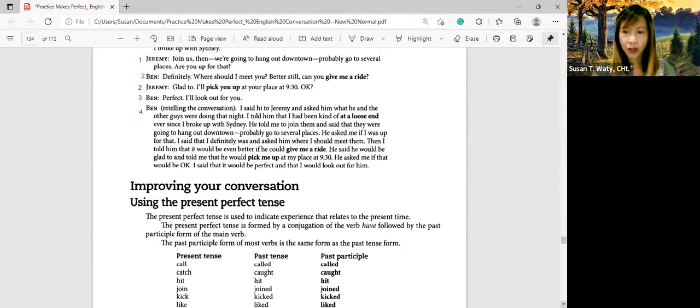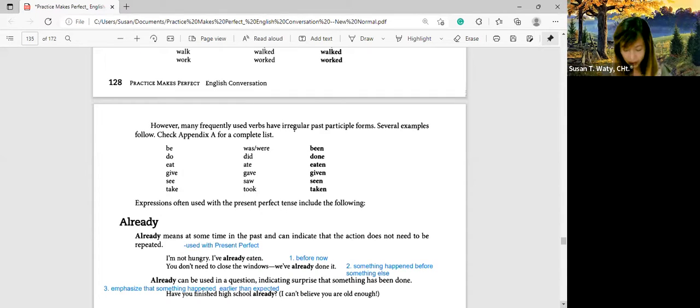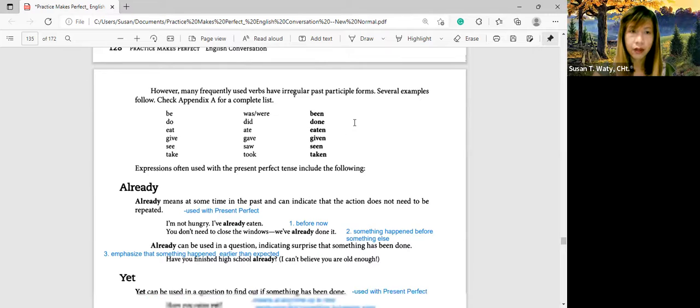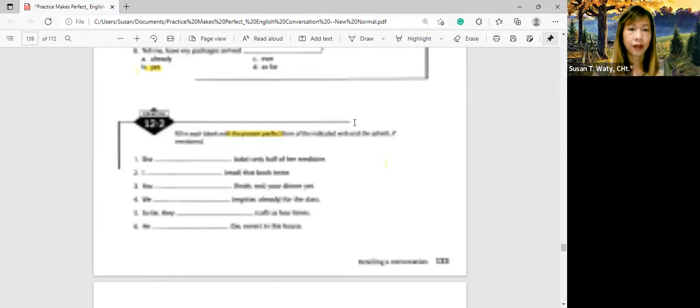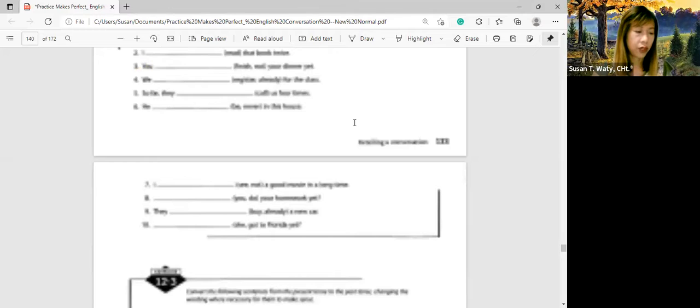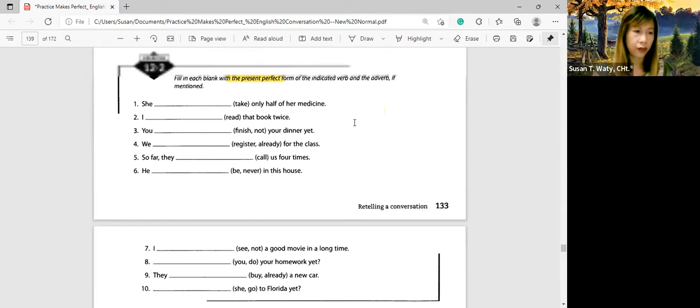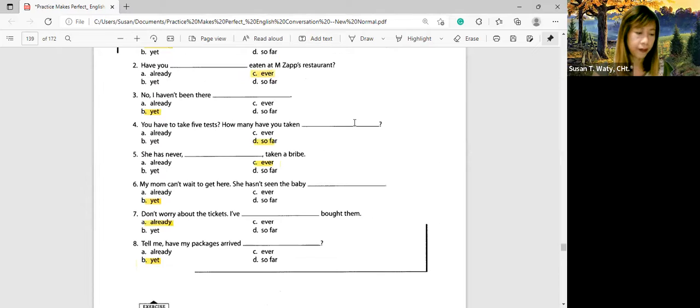Now let's continue with our exercise. Let me see. Last week we left off at exercise. So we finished exercise 12.1.